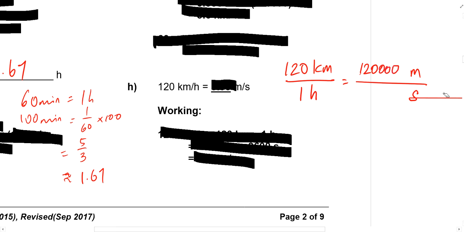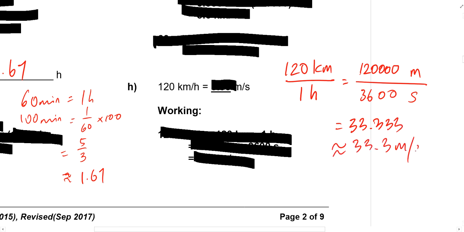And number of seconds? 3600. So that gives us 33.333, approximately 33.3 meters per second.